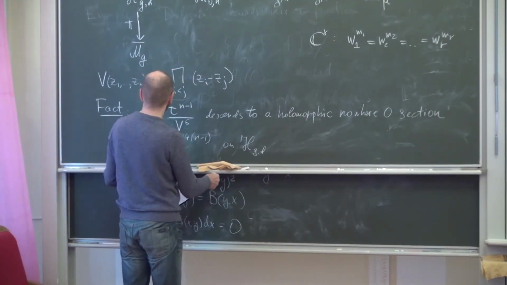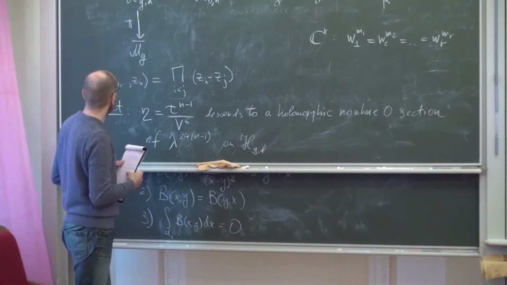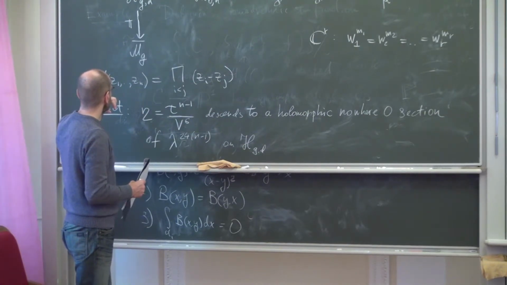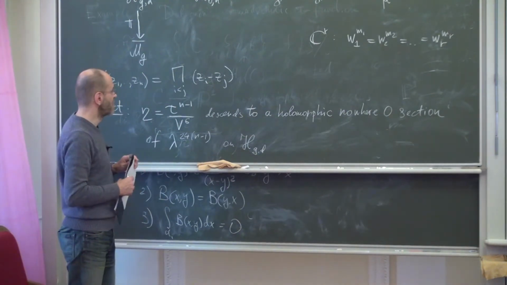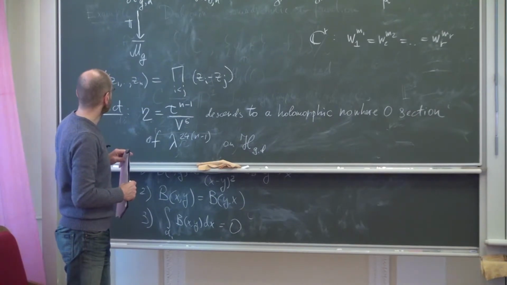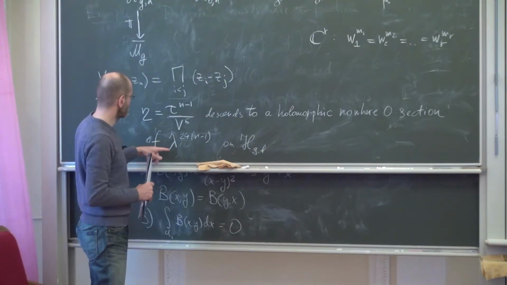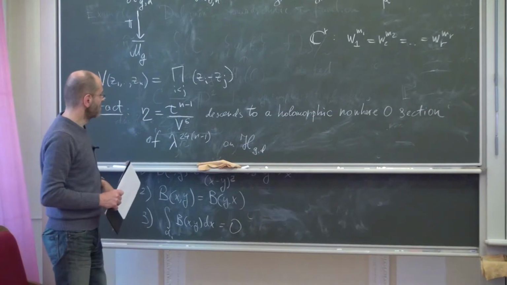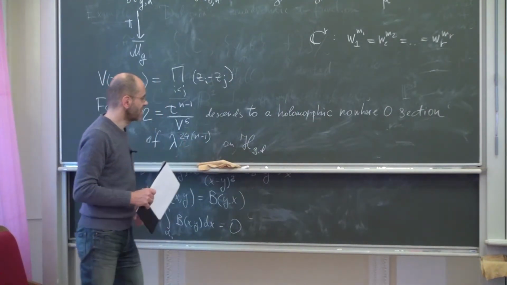So what is the Hodge line bundle? On M_g bar, there is the so-called Hodge bundle, whose fibers are the spaces of holomorphic abelian differentials. Let's take the determinant of this bundle. That is what is called the Hodge line bundle, and it's usually denoted by lambda, and pull it back to the space of admissible covers, and then restrict it to this Zariski open subset.